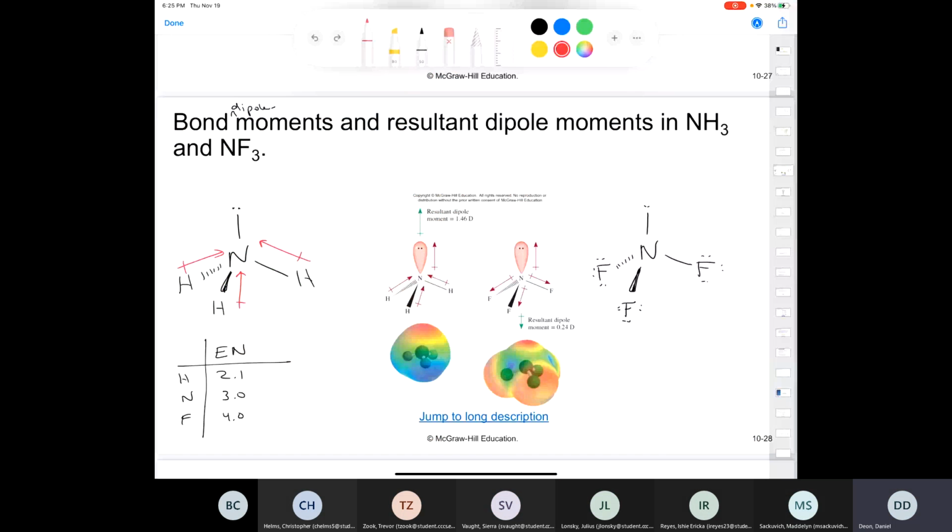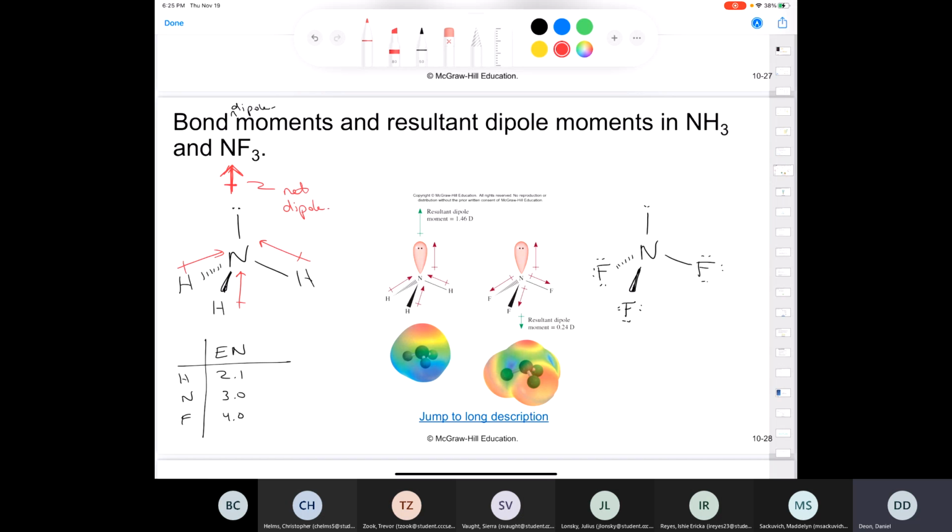And so my net dipole is going to be pointing up like this for ammonia. Okay, that's going to be my net dipole. I'll use the smaller pen just so I don't screw it up. There we go. So this is the resultant or net dipole. So we say this is a polar molecule because it has a net dipole.